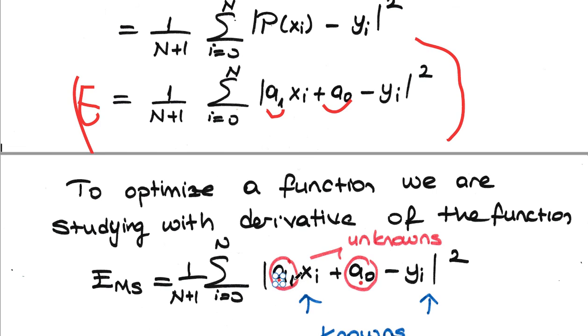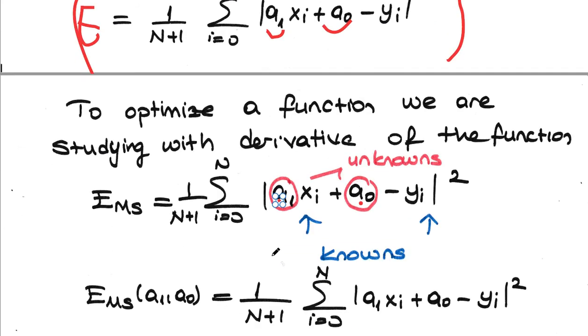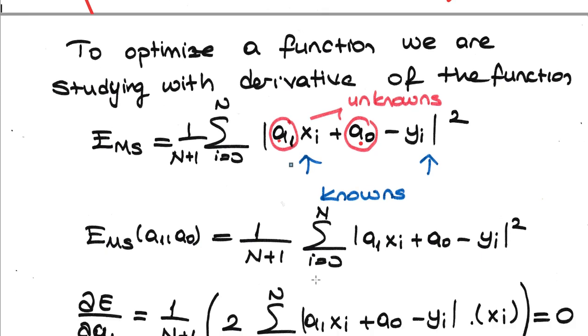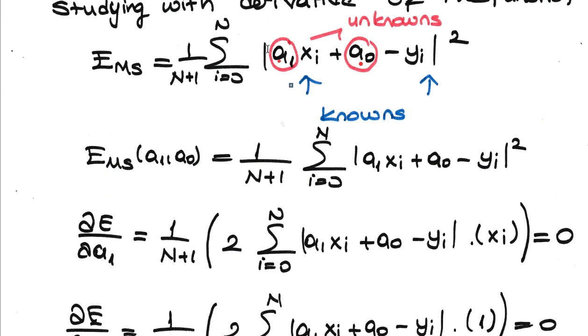It means your unknown variables will be A1 and A0. You need to discuss them by considering derivatives. So it turns to the knowledge that we gave you in Calculus 2. Maybe you may say the gradient, or the derivative of several variable functions, okay? I have also written knowns and unknowns here for your understanding.